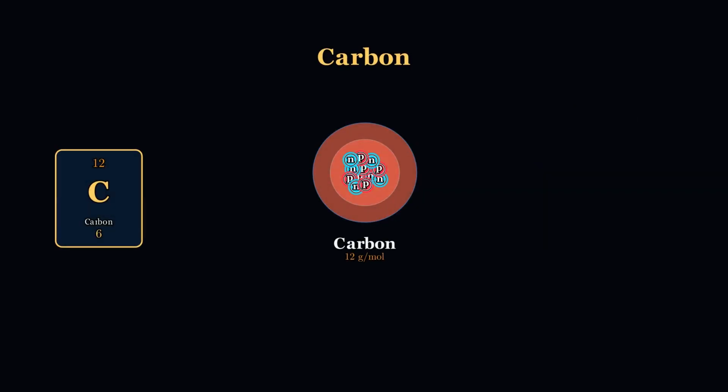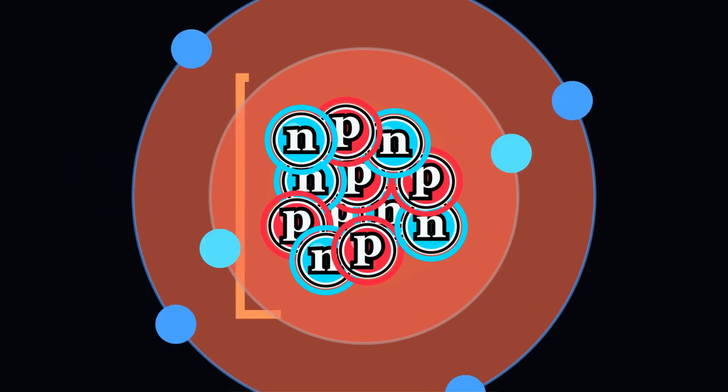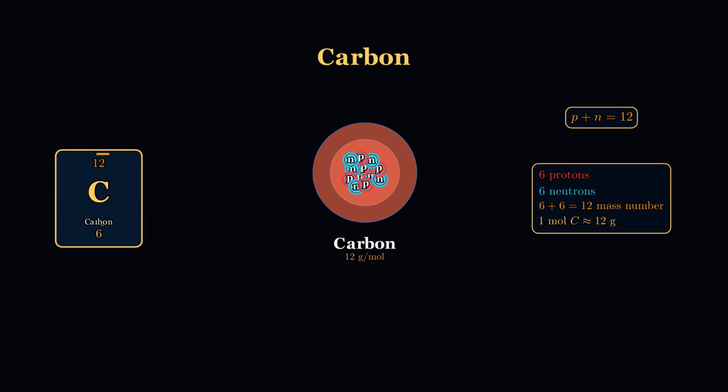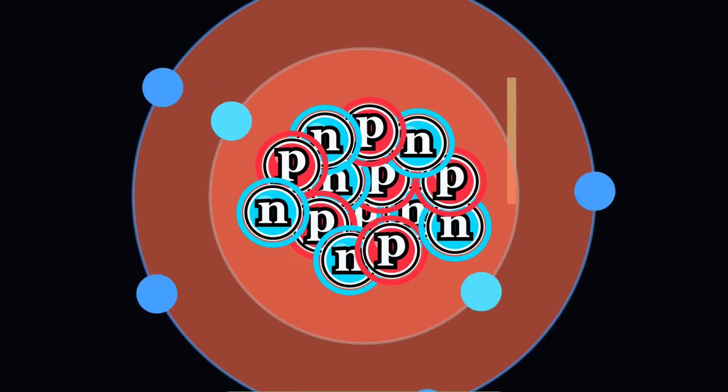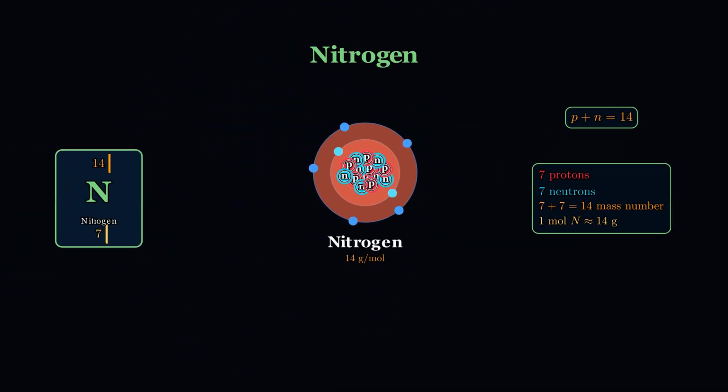Carbon has 6 protons and 6 neutrons. 6 plus 6 gives 12, so 1 mole of carbon atoms has a mass of about 12 grams. Nitrogen has 7 protons and 7 neutrons. 7 plus 7 gives 14, so 1 mole of nitrogen atoms has a mass of about 14 grams.